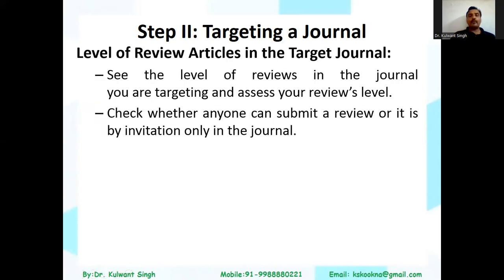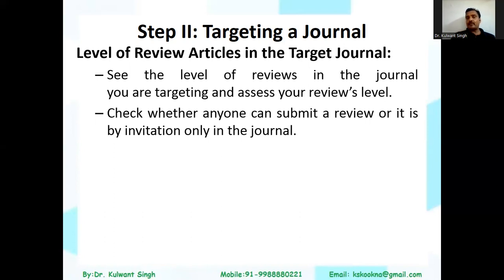Then the level of the review article in the target journal. After selecting the particular journal, just see the level of the reviews in the journal you are targeting. To assess your review's level, you have to compare a few review papers published in that targeted journal with your review paper.